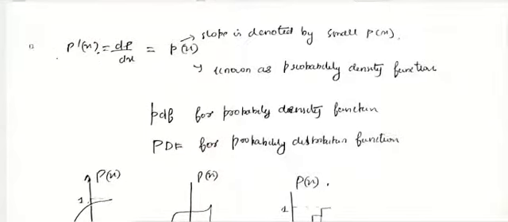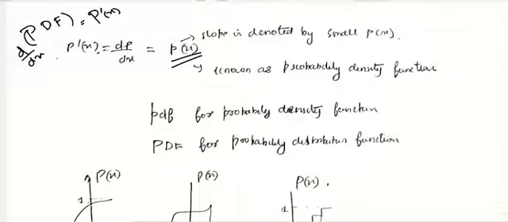Please write probability distribution function in caps. d by dx of the capital PDF will give us capital P dash of x, which is equal to small p of x. So, this is known as the probability density function.